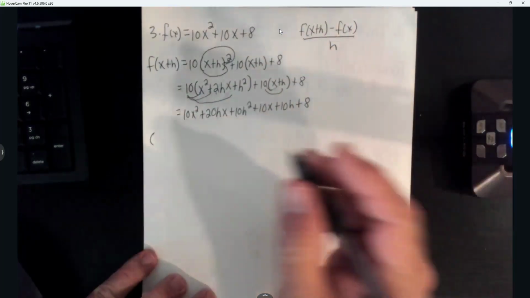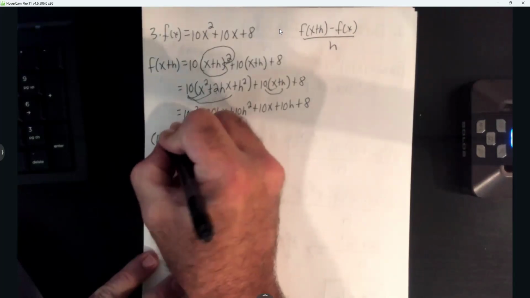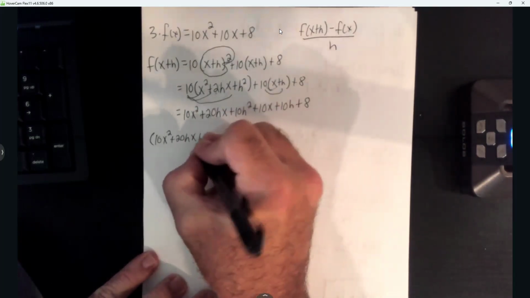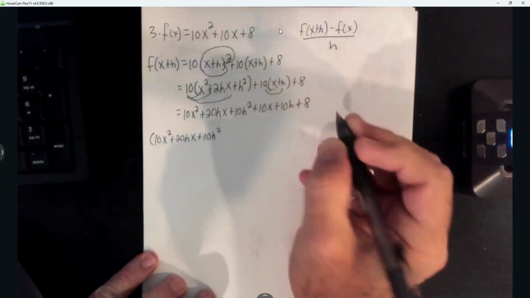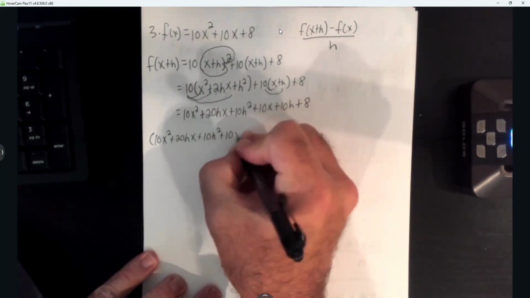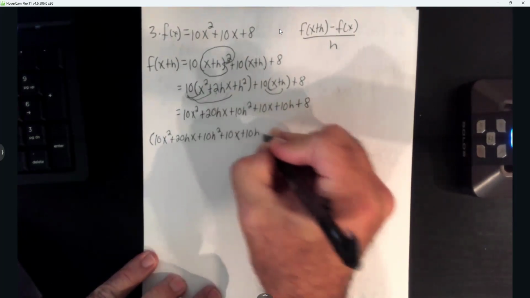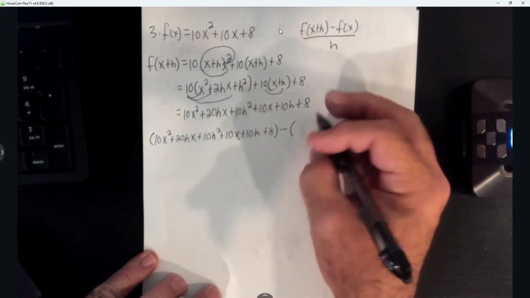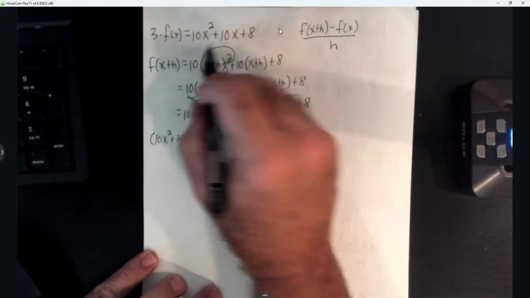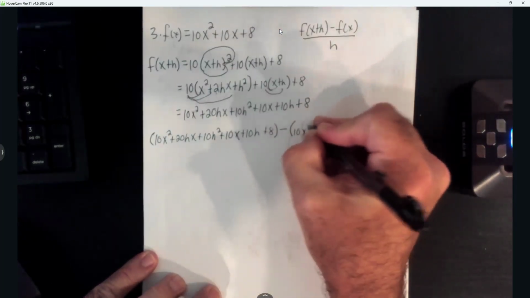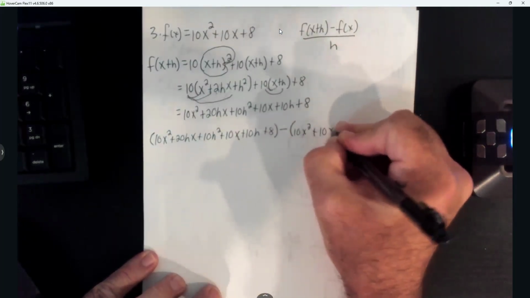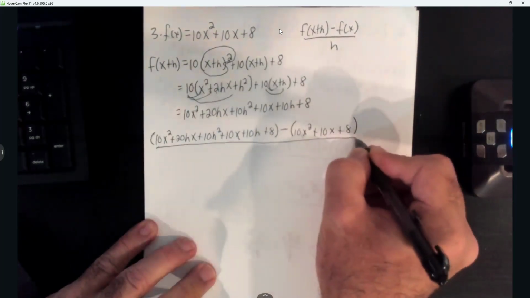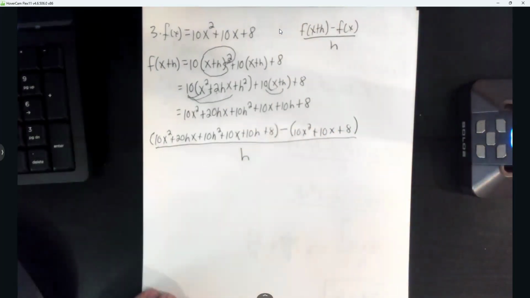So let's start plugging it in. 10x squared plus 20hx plus 10h squared plus 10x plus 10h plus 8. All that minus f of x is right here: 10x squared plus 10x plus 8. And y'all, all of that over h.